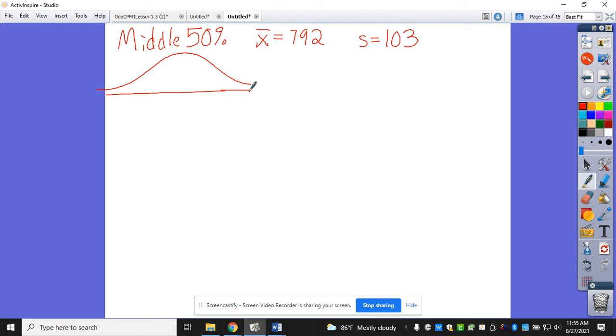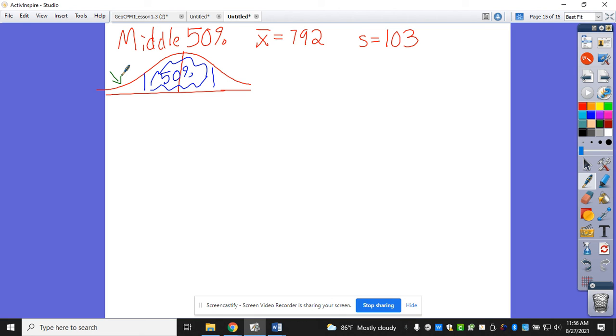So usually we go straight into drawing it. So how do I draw middle 50%? It would be 25% on both sides. So here is 25%. Here is 25%. So I'm more concerned with what that is. And how much is that?